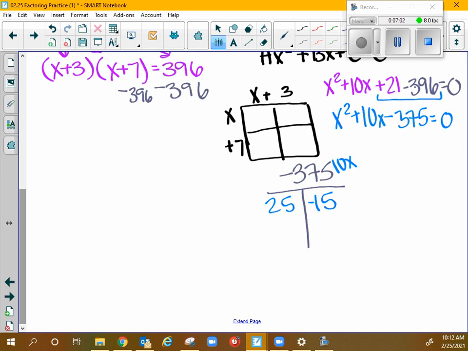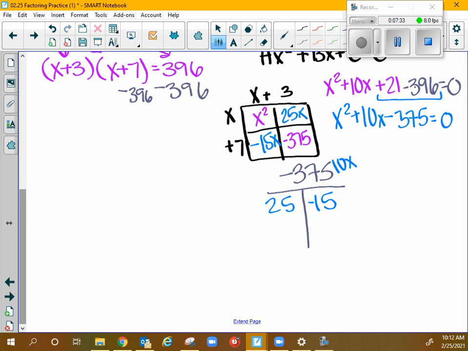I don't want dividing by 2 or dividing by 5 because one of my values is going to be huge and the other one tiny. So you want middle range numbers that are pretty close together. So 15 and 25. 15 has to be negative because my sum is positive. So 25x and negative 15x. What goes in my other boxes? X squared and negative 375.